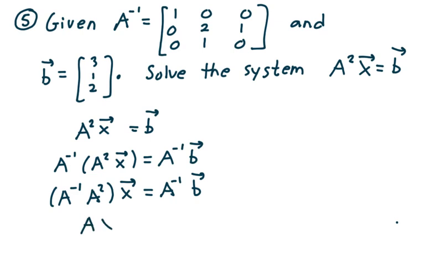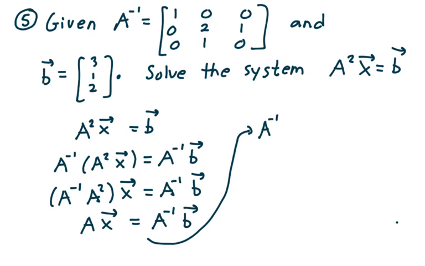And so what that tells me is AX equals A inverse times B. And then I'm going to do it again. So I'm going to multiply both sides by A inverse. So A inverse times AX is equal to A inverse times A inverse times B.